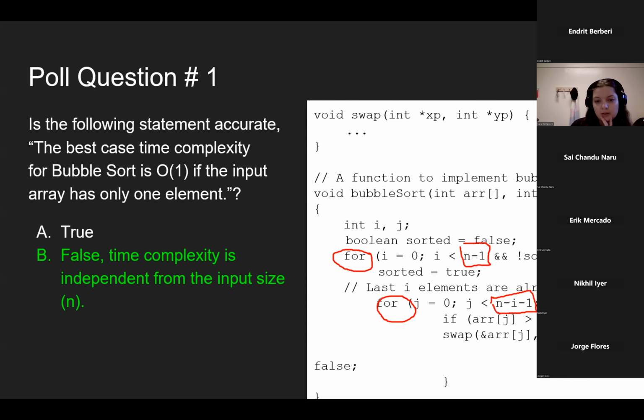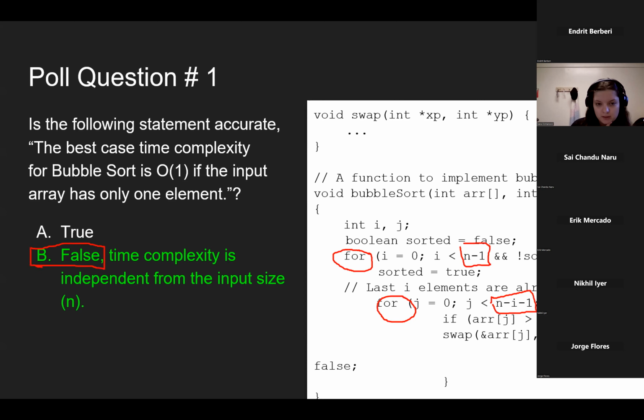So you're going to have technically n squared depending on how you sort the array. That is why in this case our answer is false.